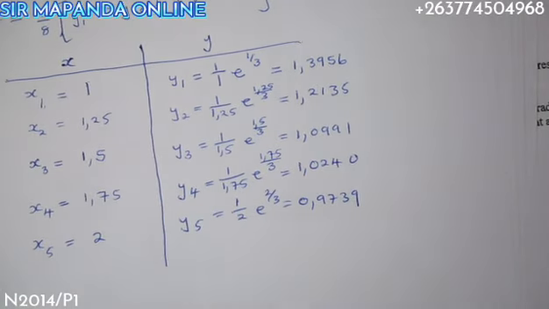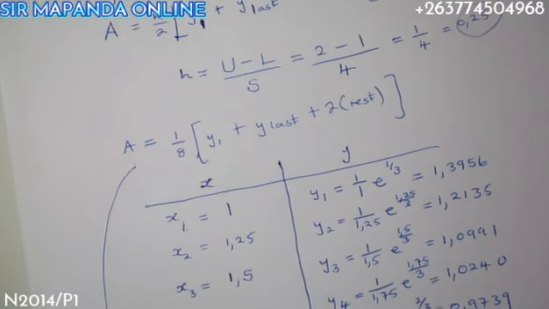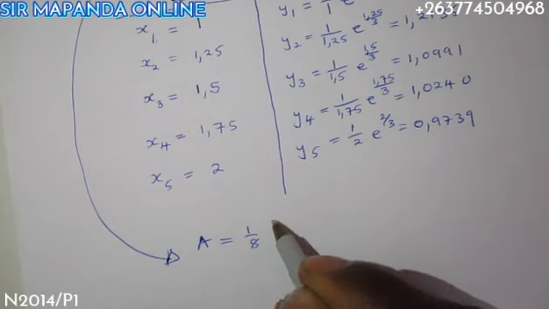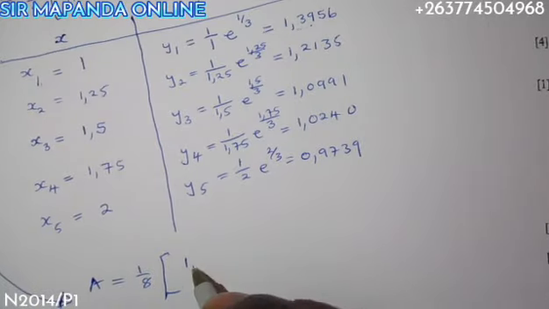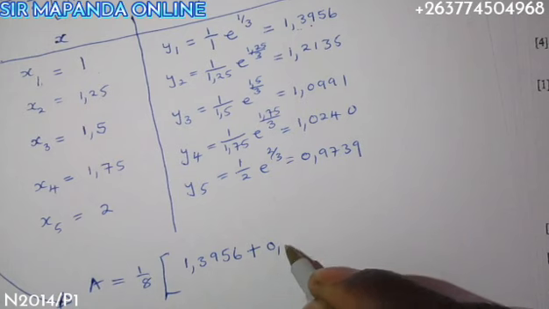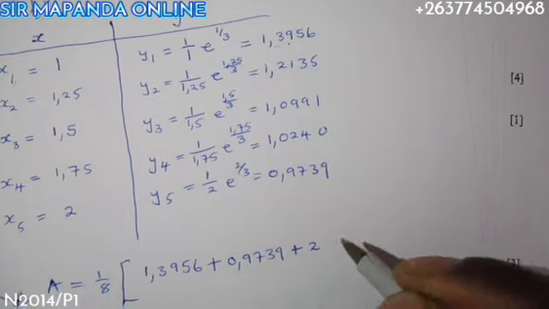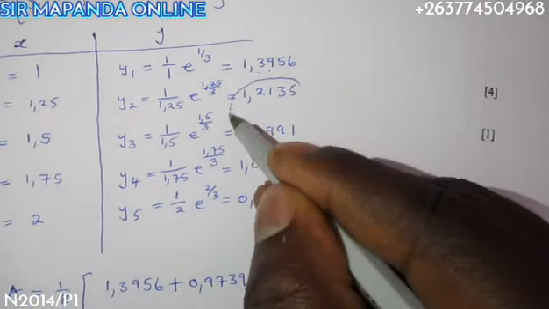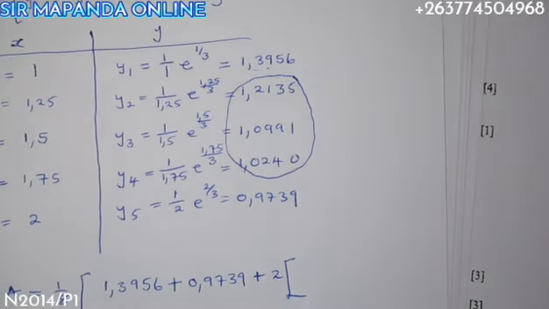Something like this. Right, so substituting it in this formula, you get your area as A equals 1 over 8, open bracket, your first y-ordinate is 1.3956 plus your last 0.9739 plus twice the rest. So the rest they are referring to is the sum of the remaining ordinates.